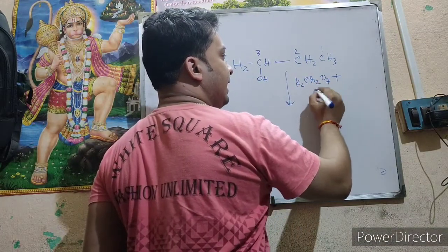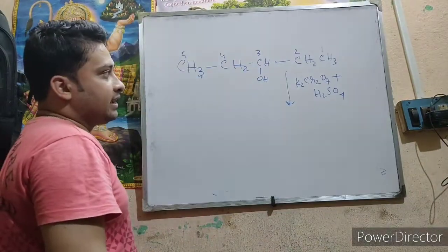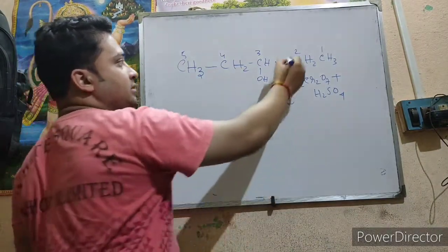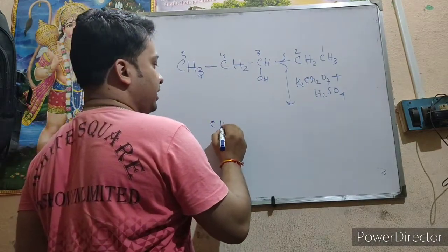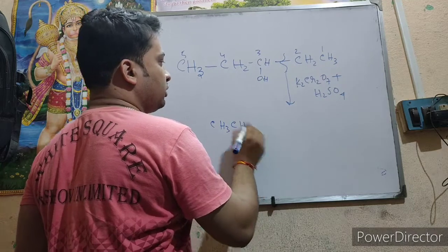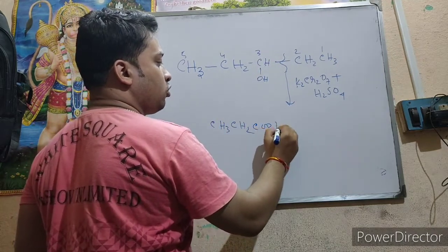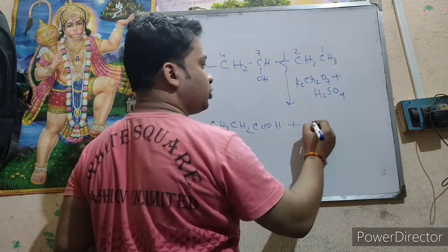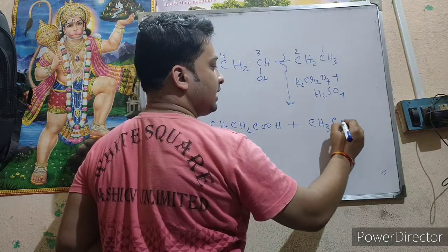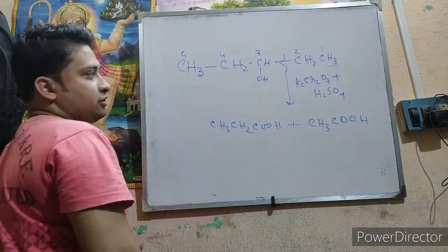K2Cr2O7 and H2SO4, which is a good oxidizing reagent. Then you get this product, CH3CH2 and it gives you COOH, and this is CH3COOH.